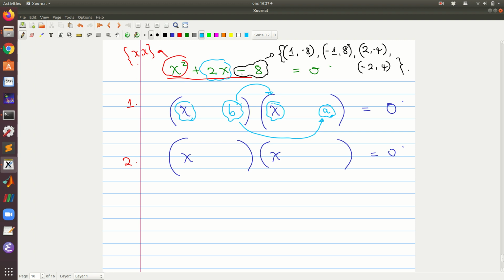So the idea here is to look at the terms which go here and there, because they determine the middle term, the combination of those two.